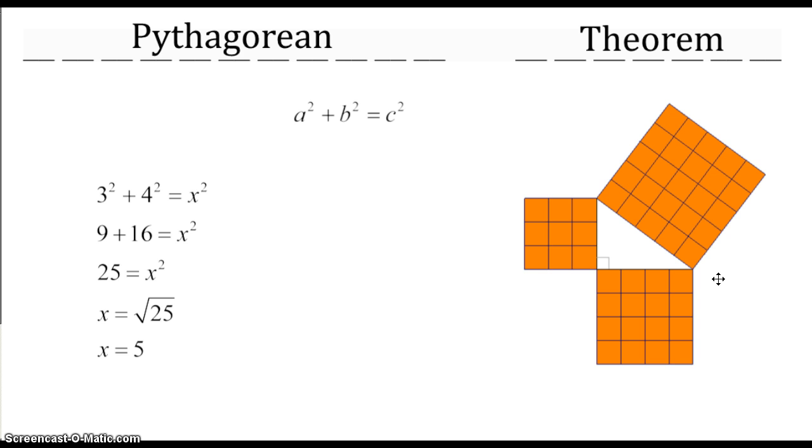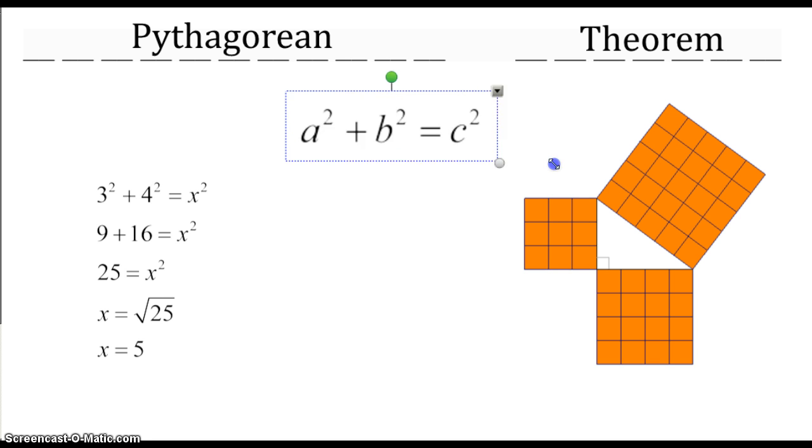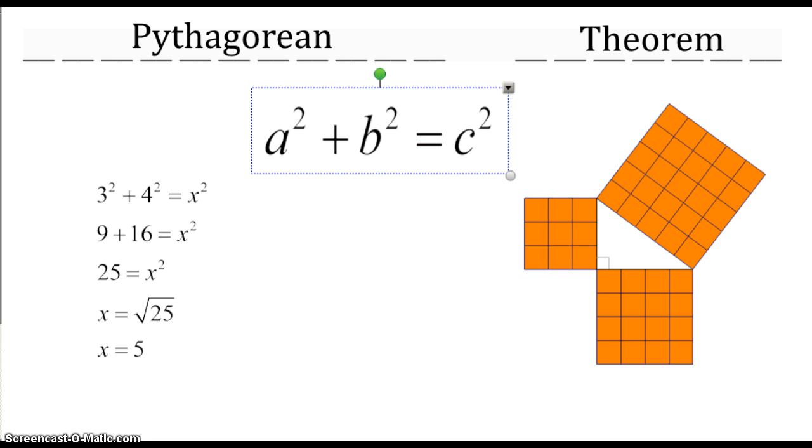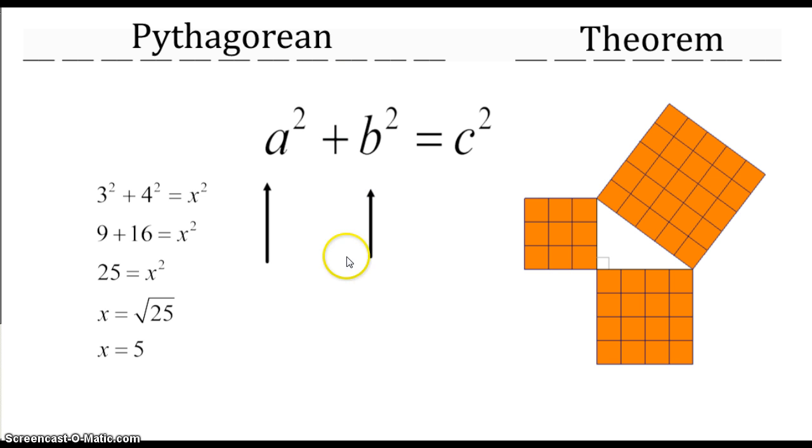We're going to use Pythagorean theorem to find either of the legs, A or B, or the hypotenuse, C. So what I want you to write down is that Pythagorean theorem is A squared plus B squared equals C squared. And I want you to make arrows showing that these two are the legs.